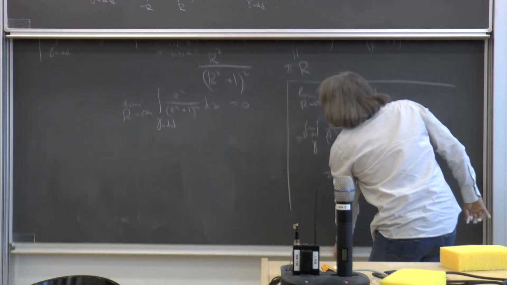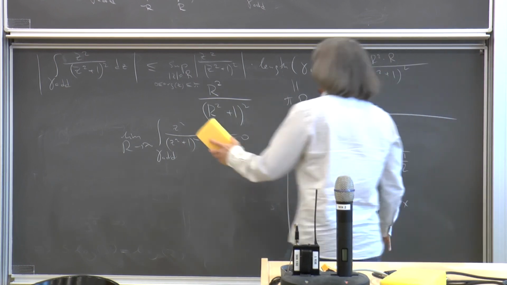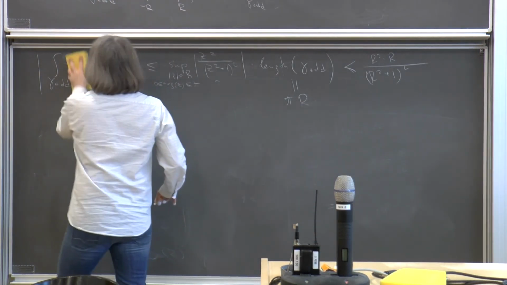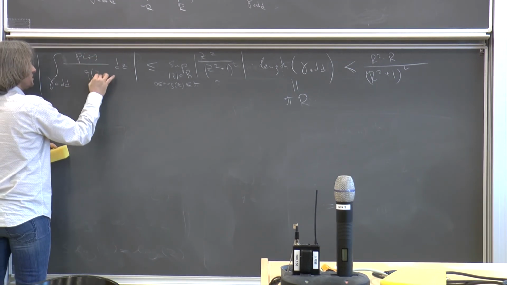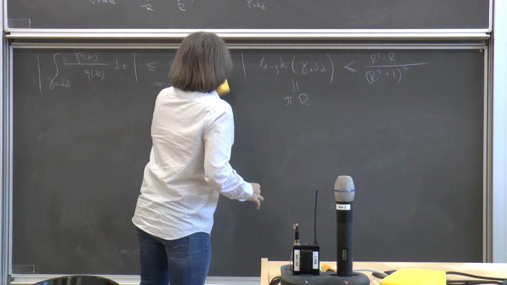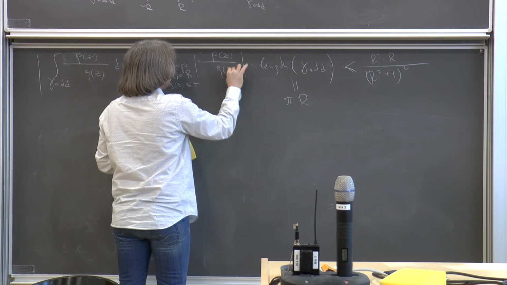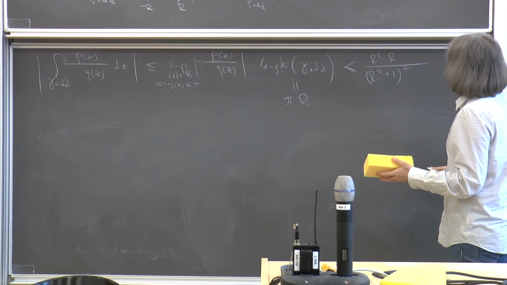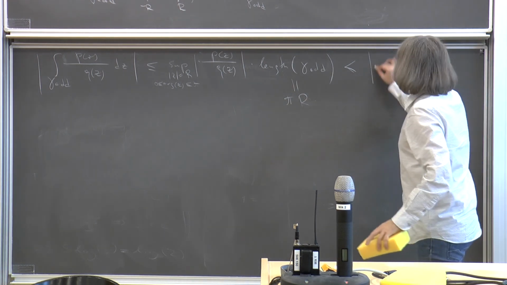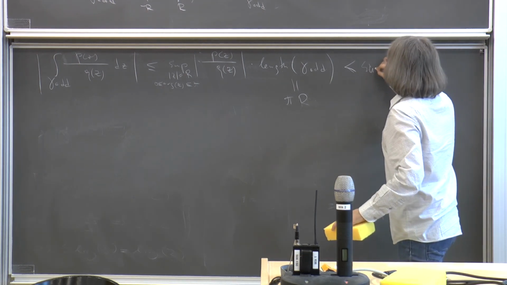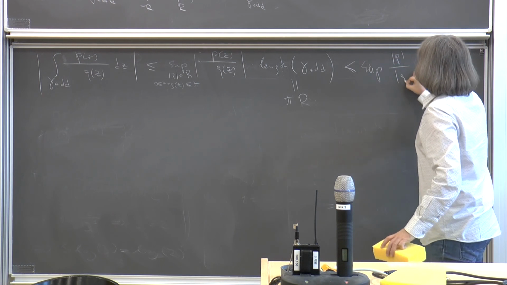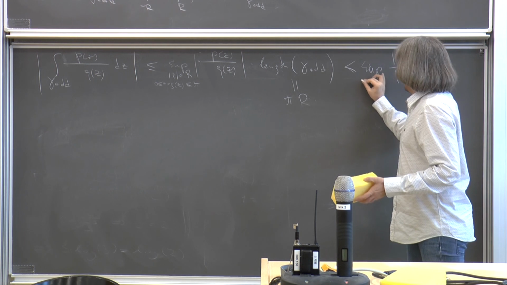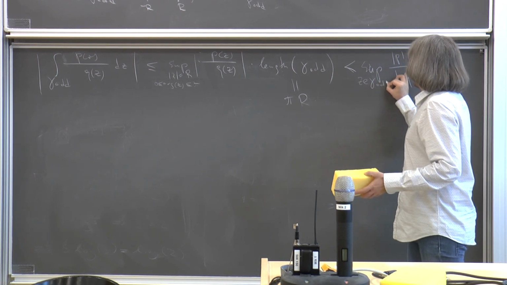So almost done. I'll just modify this. So this will be my p of z, q of z. Yeah, same. Then we subtract, times pi r, on z in gamma ad.